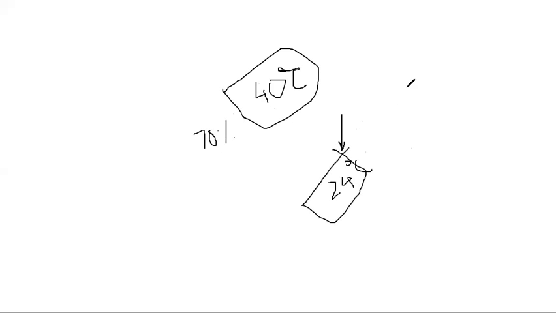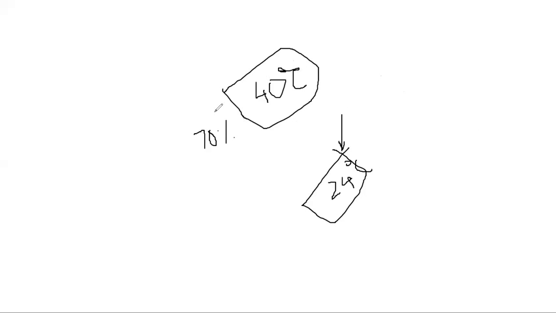If you see the formula, what is the formula of relative humidity? It is the mass of water vapor per cubic meter of air at a particular temperature, suppose 40 degrees centigrade, divided by the mass of water vapor per cubic meter of air at the saturated condition. That is 100%, how much it can hold at that temperature. So now we have reduced the temperature.